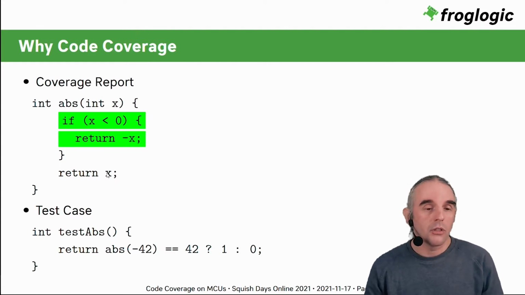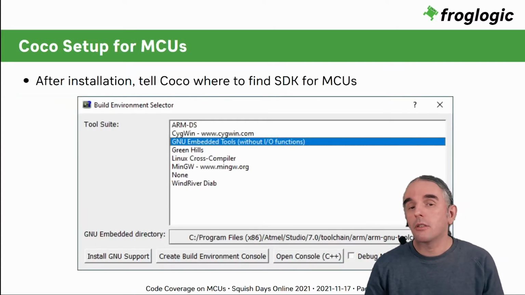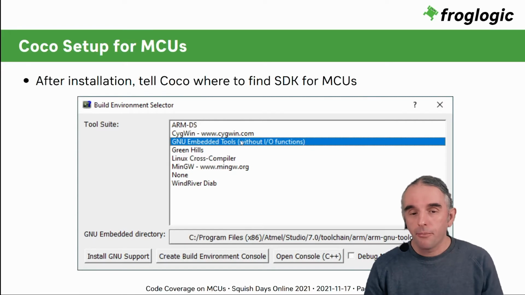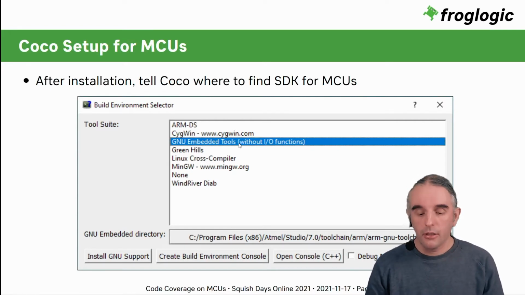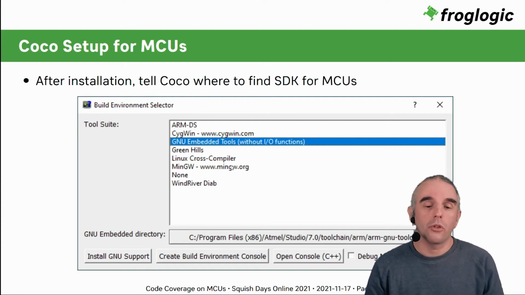And now we are going to see how to use one code coverage tool, which is called Squish Coco. We'll see how to set up such a tool and how to use it on microcontrollers. So the first thing is that after the installation of Coco, we have to tell Coco where the toolchain provided by the manufacturers of the microcontrollers is installed on your operating system.